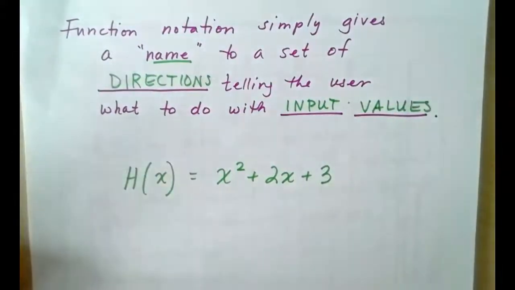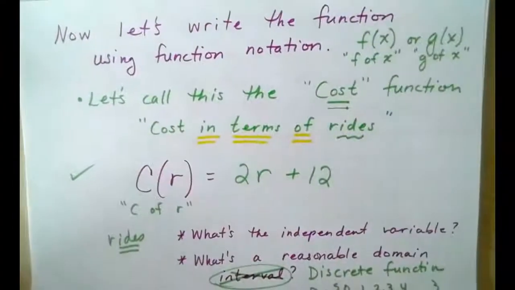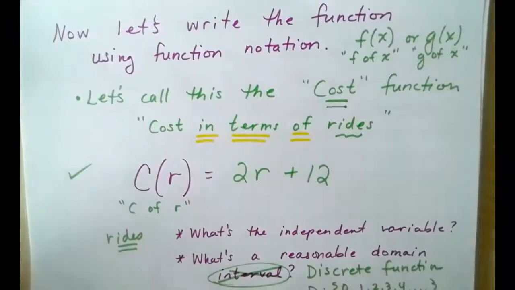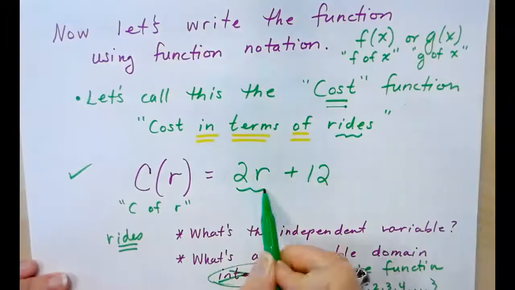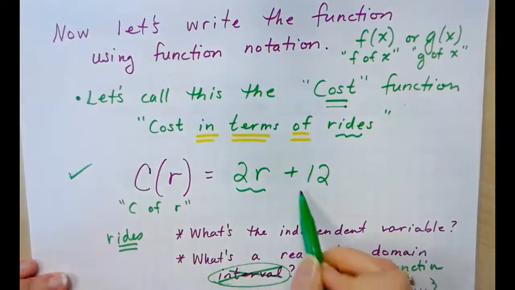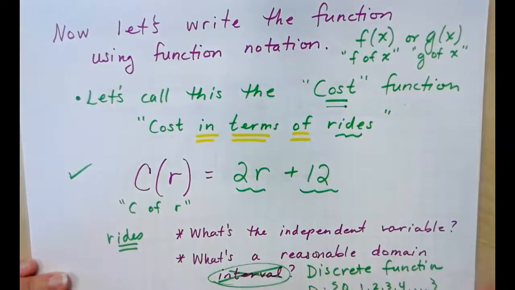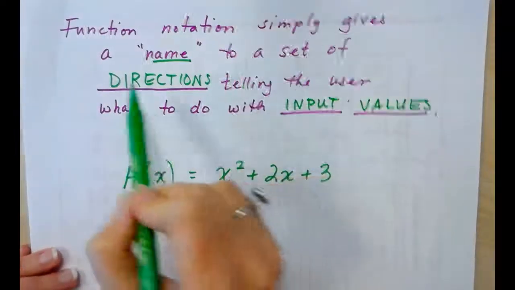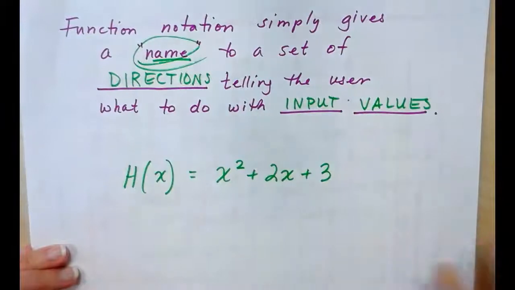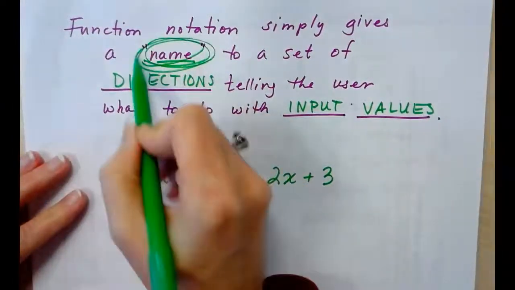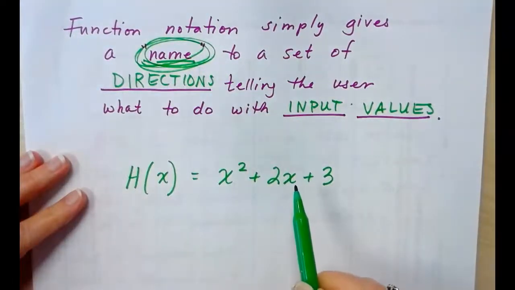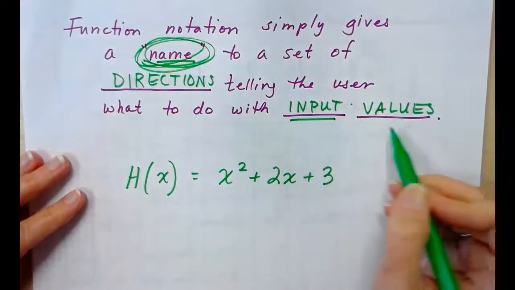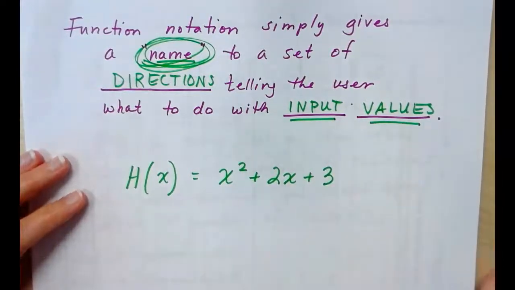So look at the function that we just created. The function we just created said double R and then add 12. Those were the directions given in the function. So function notation simply gives a name to a set of directions telling the user what to do with the input values.